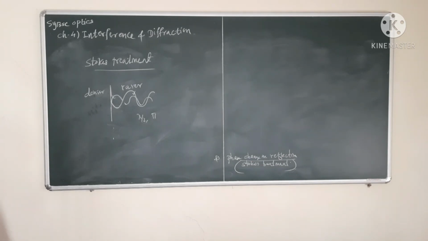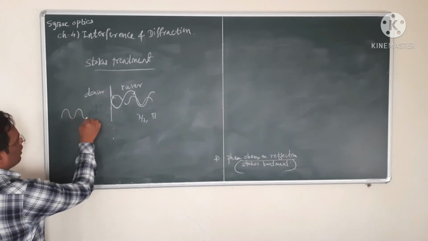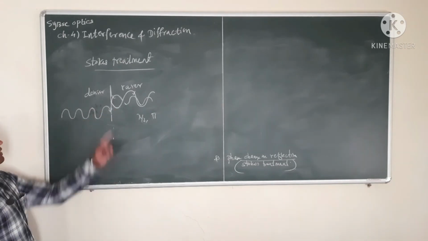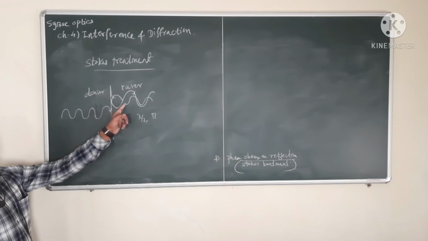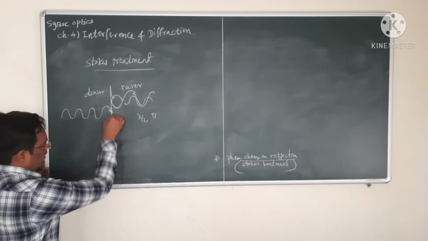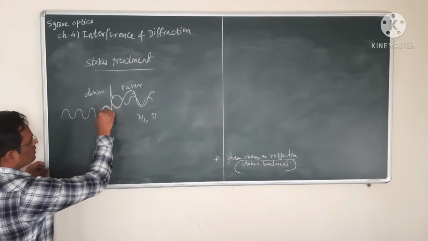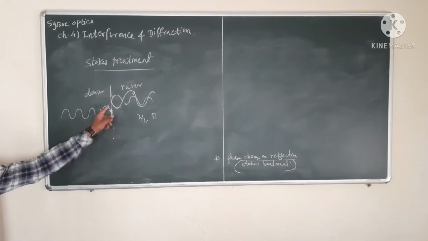Now if a light wave comes from a denser medium and reflects from a rarer medium, then at this interface the wave is reflected in the same way, not like this.